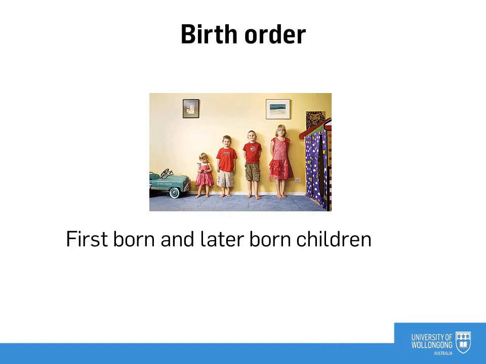Another factor about siblings that can influence children's development is the birth order. So the experience of being a firstborn versus a later born child, where firstborns have more of that time only being exposed to the time with adults in the family, whereas with the later born children, they're getting a lot of socialization influence from the older siblings. And there's also some interesting research that's looked at IQ and birth order.